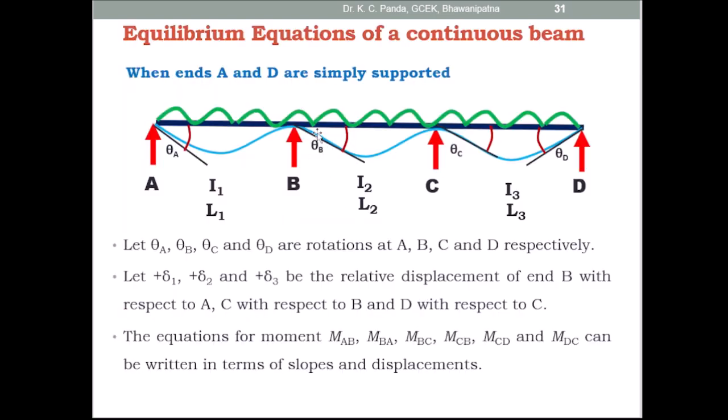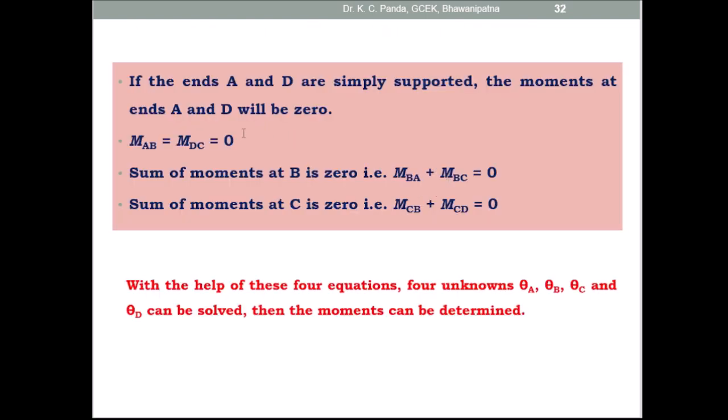So at B joint MBA plus MBC is equal to 0, and at joint C MCB plus MCD is equal to 0. So these are the 4 equations. By using these 4 equations you can find out the 4 unknown displacements. With the help of these 4 equations, the 4 unknowns theta A, theta B, theta C and theta D can be determined. Then the moments can be found out.